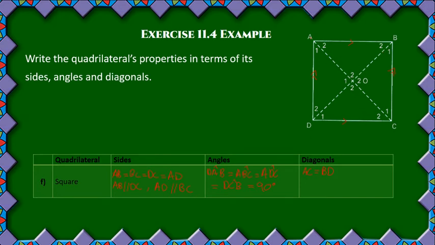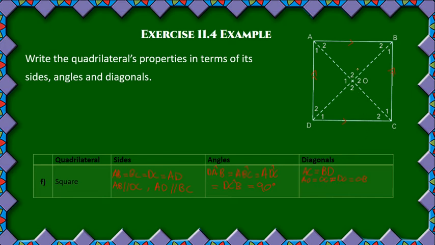So I can say that AO is equal to OC, and DO is equal to OB. But we also know that these are actually all equal to each other.